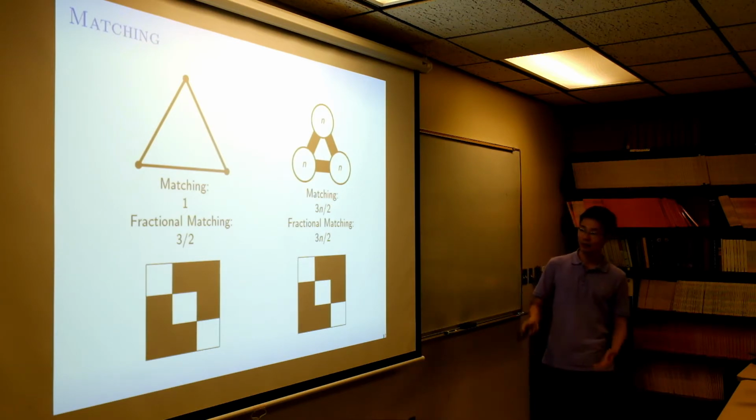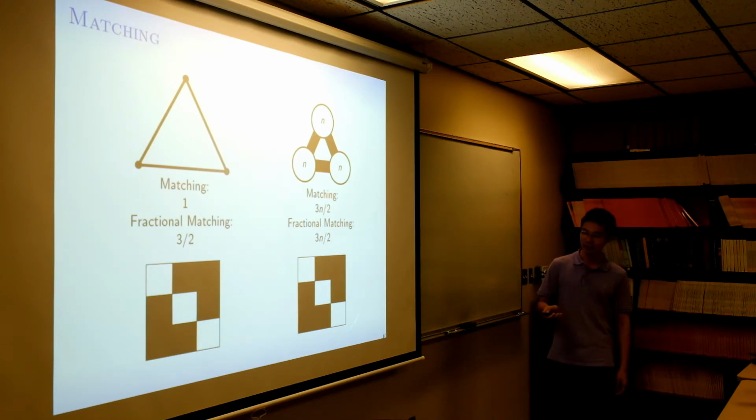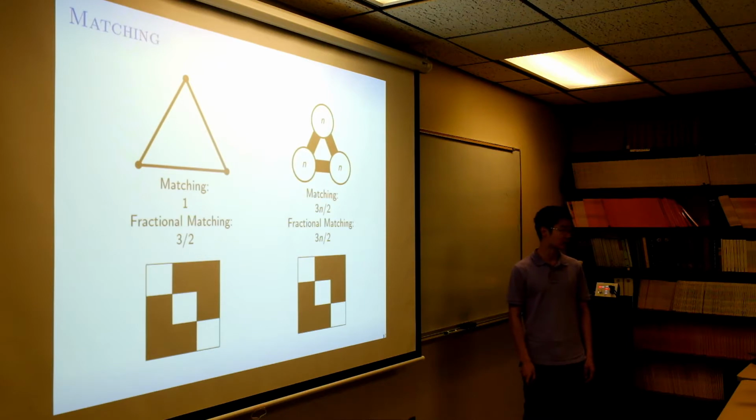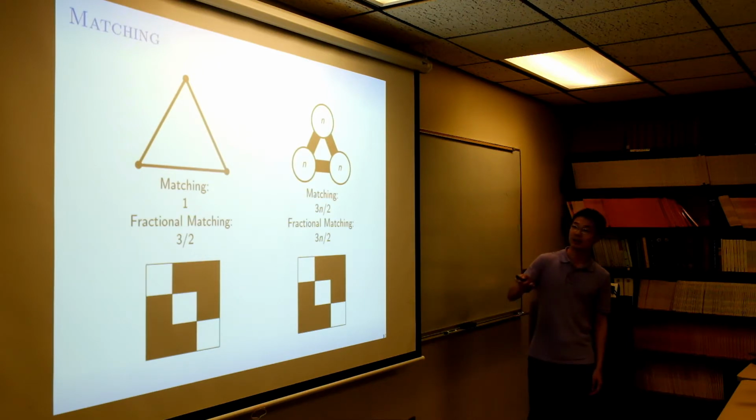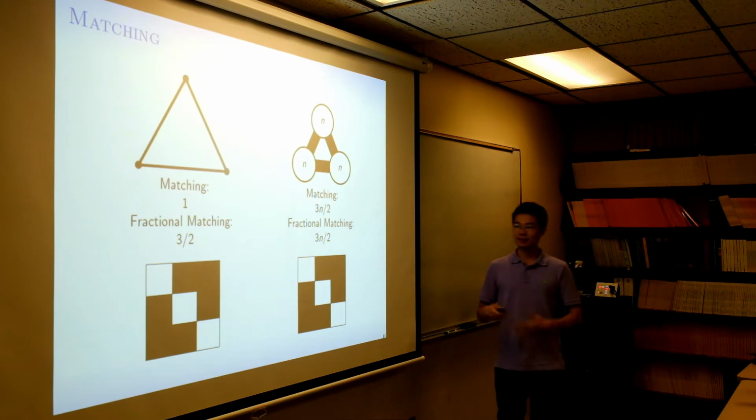And the fractional matching number is again 3n over 2. Because it's a blow-up, it gives you the same graphon. You can see here, let's say A, B, C, D. So what does this give you as some inspiration?